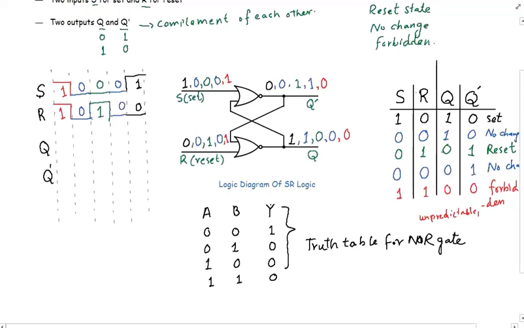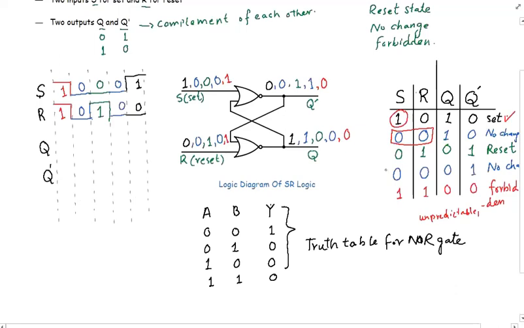So there is the property that if you have applied input 0 at both inputs, what will be the state of the SR latch? It depends on what sort of signal you applied before this one. If you applied a high signal at the S input, this circuit will be in the set state.